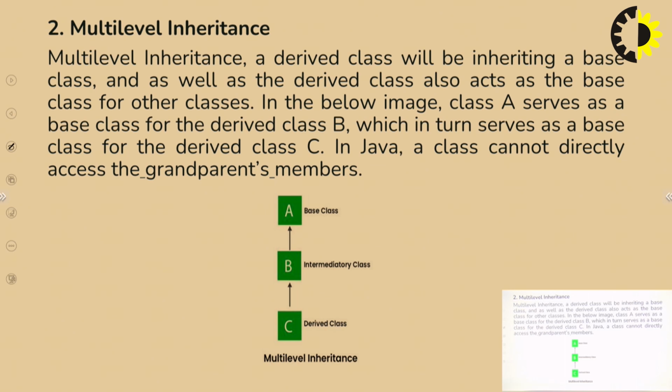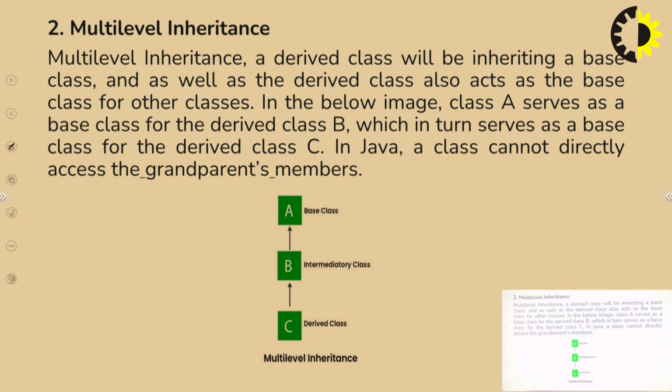In multi-level inheritance, a derived class inherits a base class, and the derived class also acts as the base class for other classes.